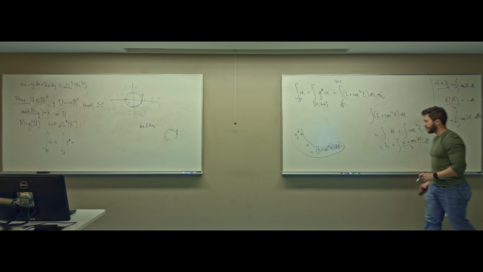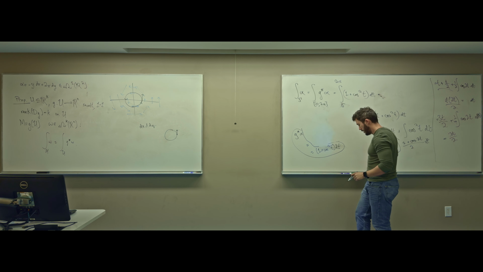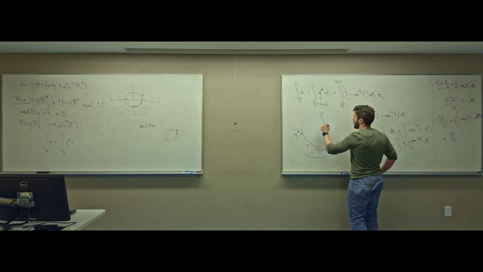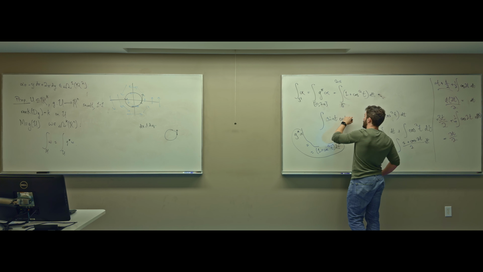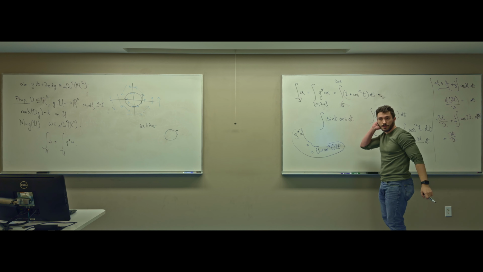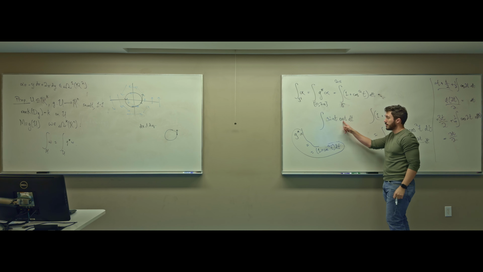In general, though, if you have something like this, sine t, cosine t, dt, when you do u substitution, you're looking at this to be the derivative of this thing.